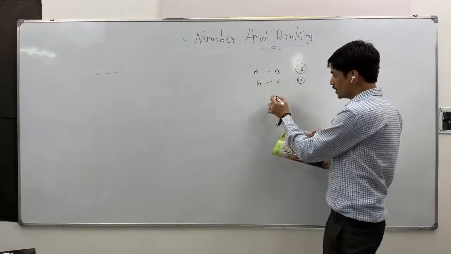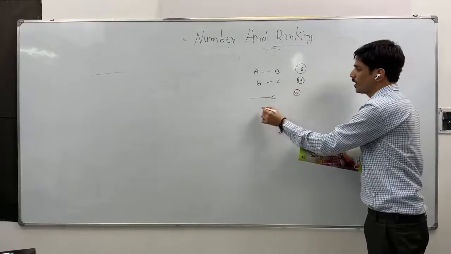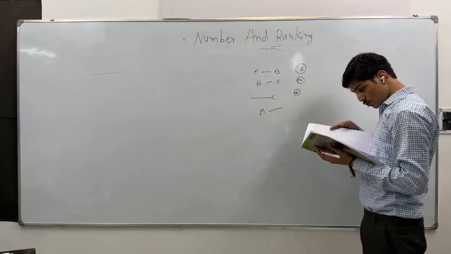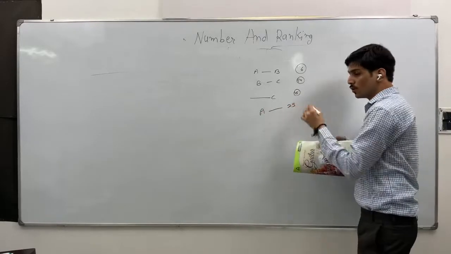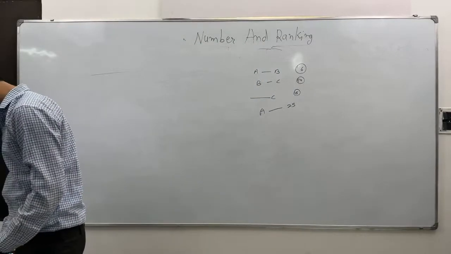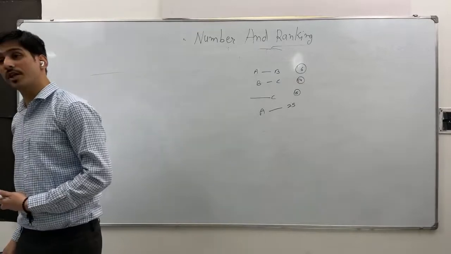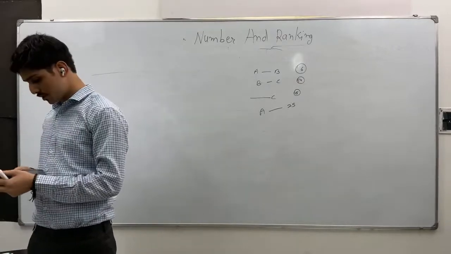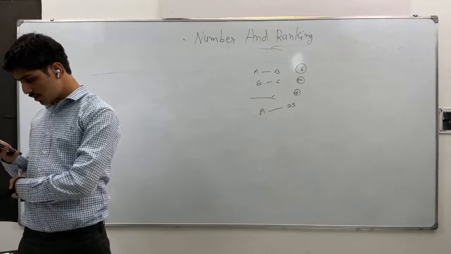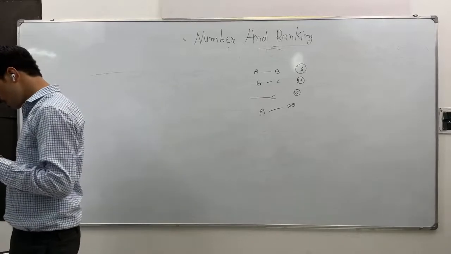Ahead of C, 5 are there, and after A, 25 are there. Now they're asking the maximum possible number of students in that row and the minimum possible number of students in that row. Have you understood the question?